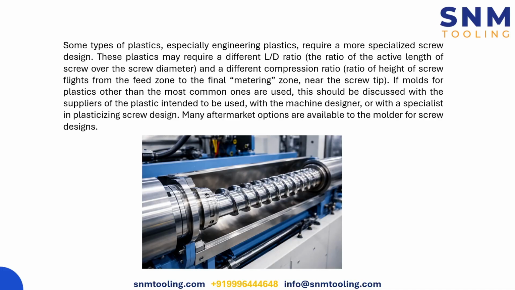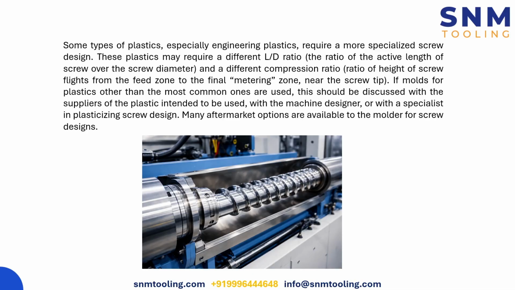So, for example, an L to D ratio of 18 to 1 to 20 to 1 is more or less tailor-made for general molding purposes. Going slightly higher, anywhere between 22 to 1 and 24 to 1, we certainly get better mixing and melting.